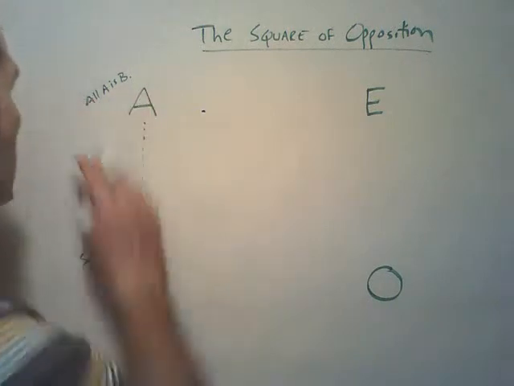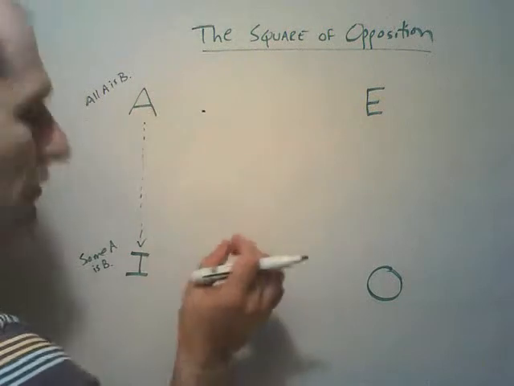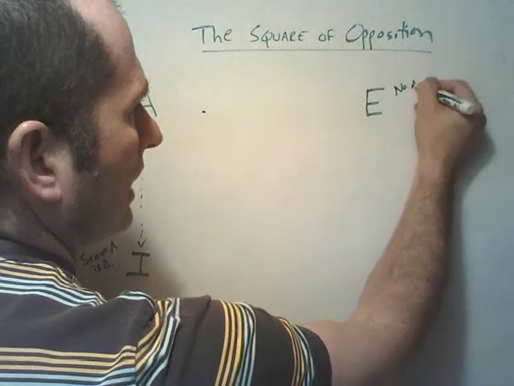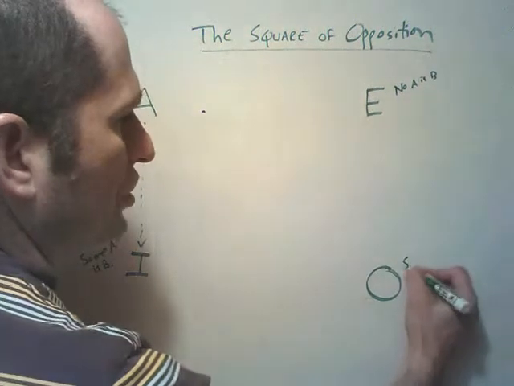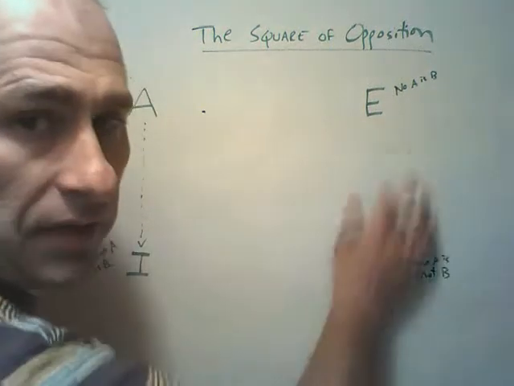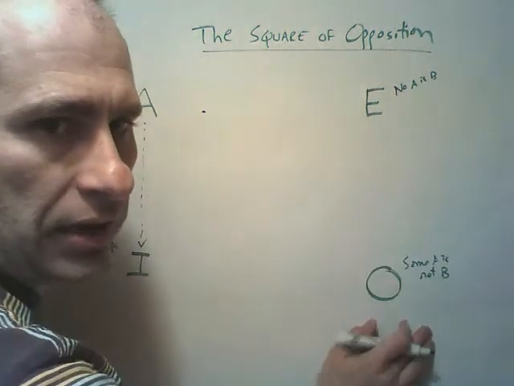This is just any category. This is the universal affirmative. Now over here we have no A is B, and here we have some A is not B. So we have the universal negative and the particular negative.